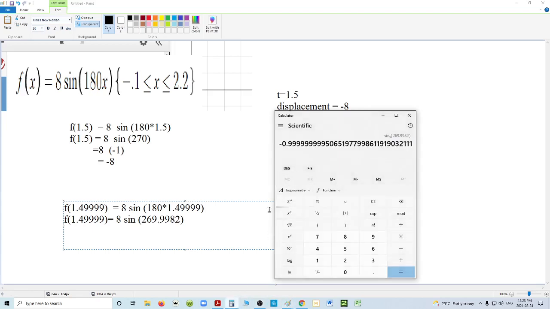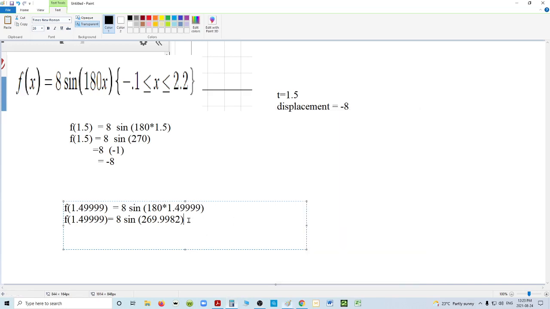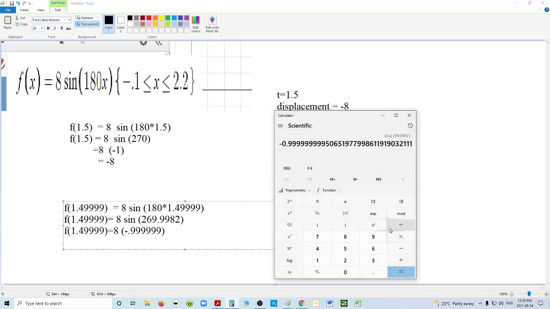And I get minus 0.999999. Now, I could write all that, but I'm just going to do f of 1.4999 is equal to 8 times minus 0.999999. Okay, and when I finish that, I multiply that by 8, I get this.